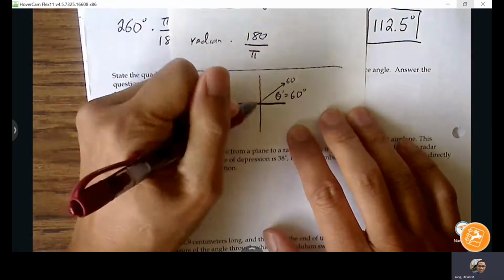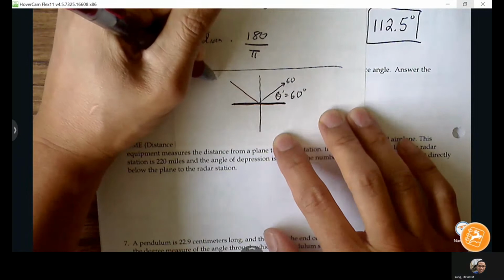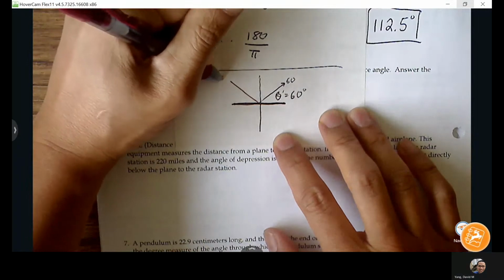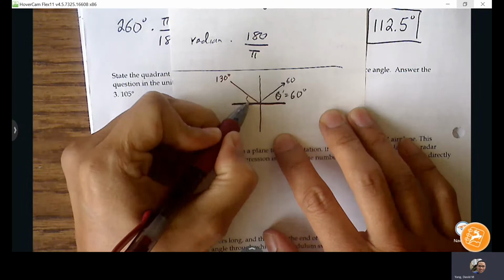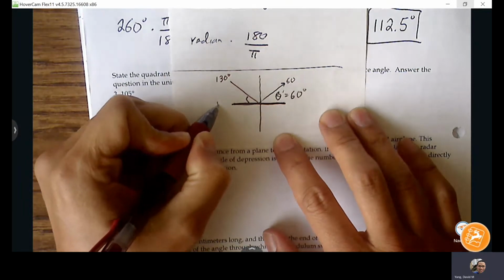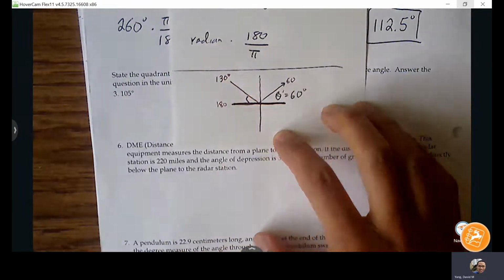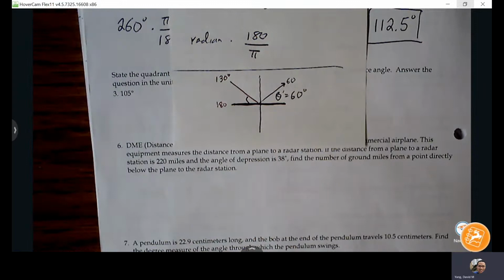If your angle is in the second quadrant, then you're going to be involving 180 to help you get to that reference angle. Remember, your reference angle is always positive, and it's always between 0 and 90 degrees. Okay? It's always an acute angle.